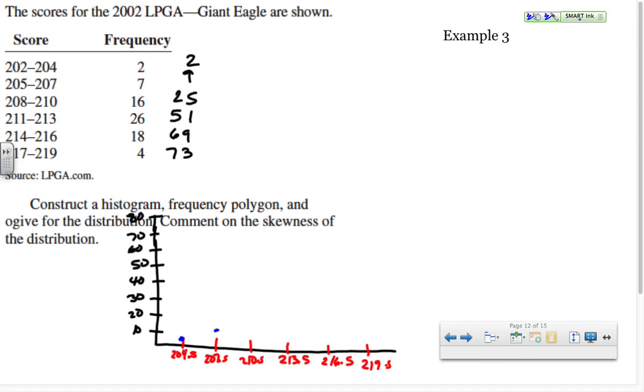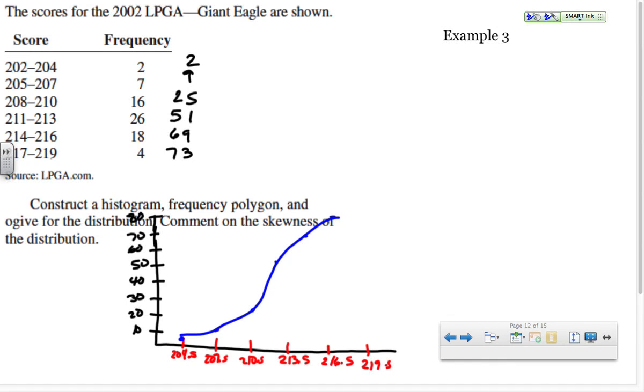And then we're going to go to 25, then 51, 69, and 73. And then we're going to connect the dots to show how it's moving.